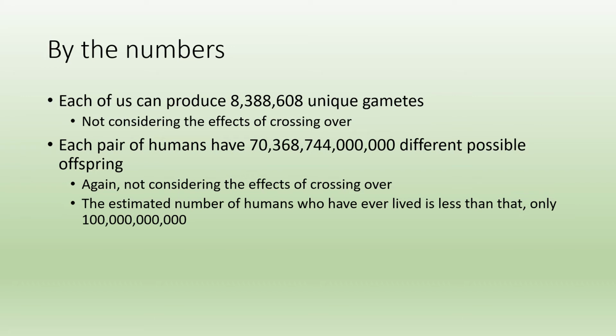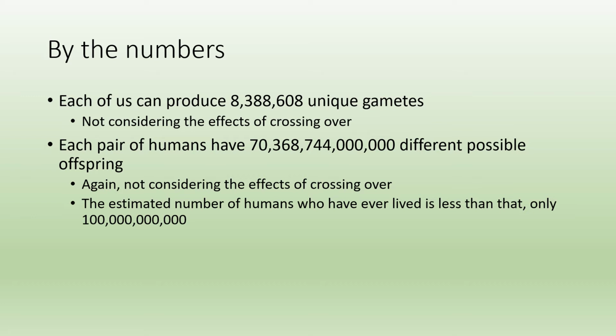Now I've got a note here that says not considering the effects of crossing over. We're going to get to crossing over, but it's something that happens during meiosis, or the production of sperm and eggs, that increases the diversity of our gametes beyond 8 million.